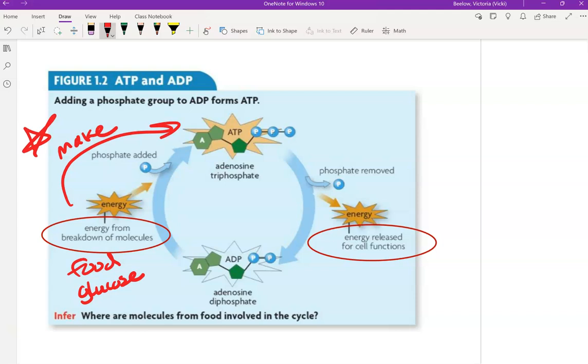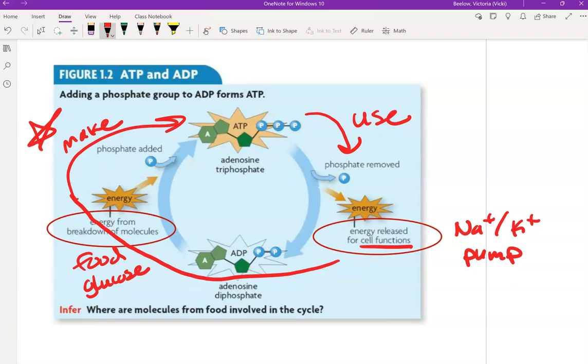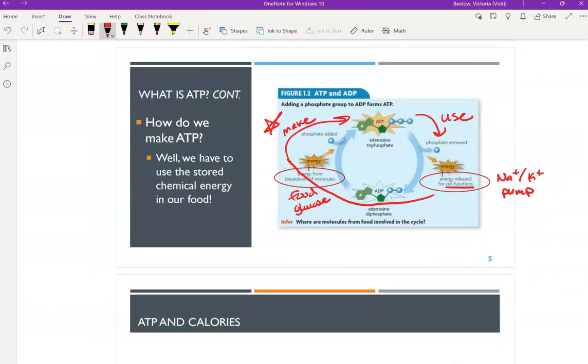And then our bodies use that to do things in our cells, such as the sodium potassium pump, which is a really good example of that. That's a type of active transport that requires energy. And then we're going to just continue that process to remake that ATP again. This again is constantly happening back and forth in our bodies.